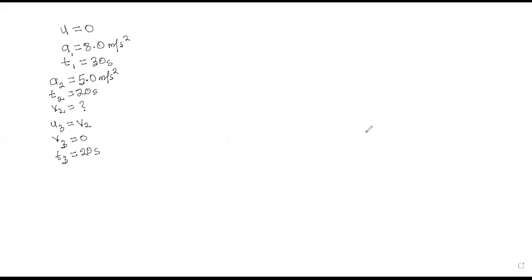Okay. Hi, young lady. So during the first part of the motion, we are told that the body starts from rest and accelerates by this rate within this time. So let's calculate the final velocity. The final velocity would be equal to u plus at, which is u is 0 plus 8 times 30.